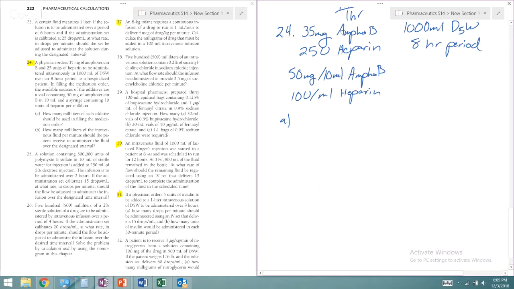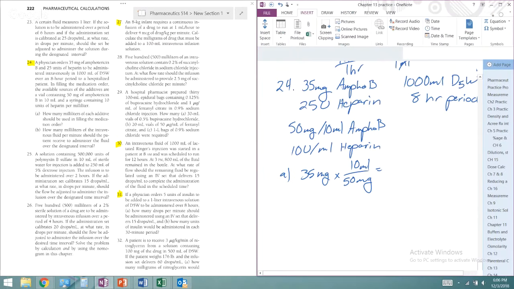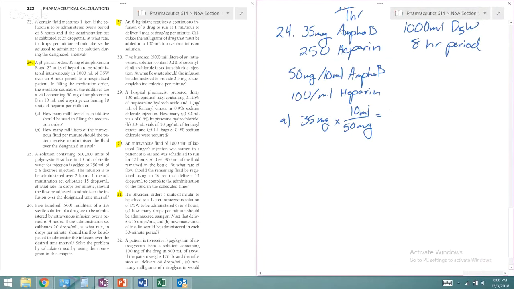So we do 35 milligrams, 50 milligrams, 10 ml. And you find that that is 7 milliliters of Ampho B that we need.